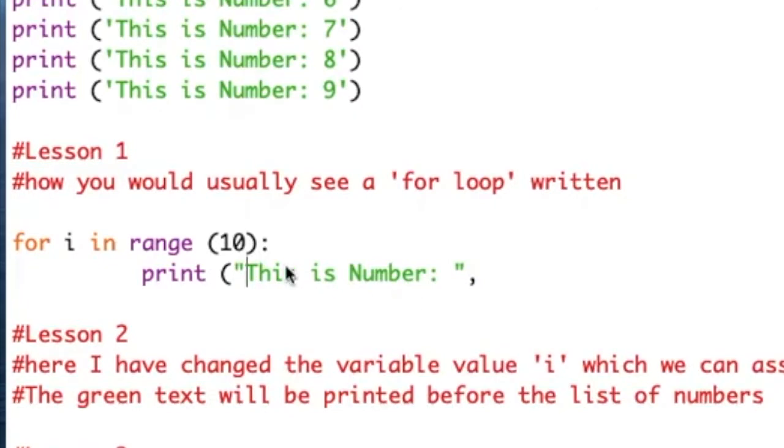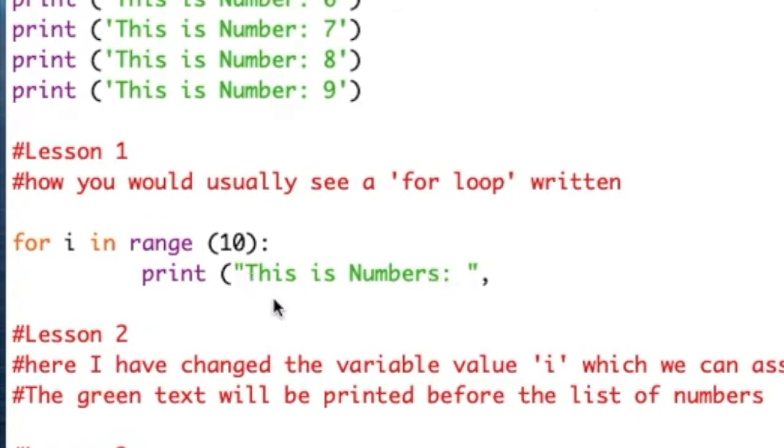If this was pluralized somehow, like this is the numbers, then I couldn't have single quotes here. So it's always useful to have double quotes, but there are exceptions to that rule where you will need to use single quotes.